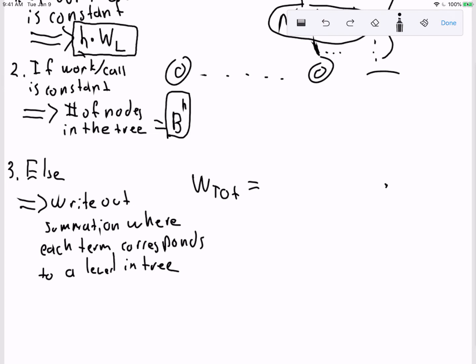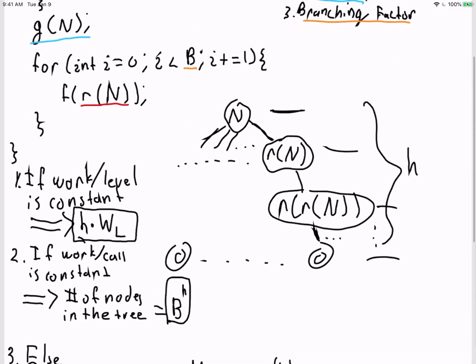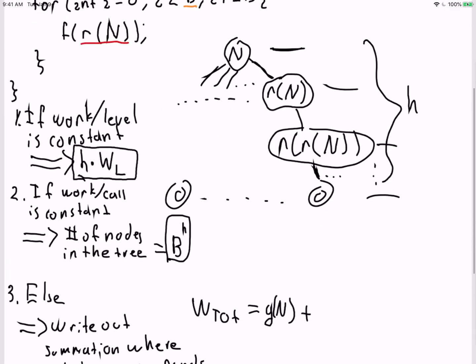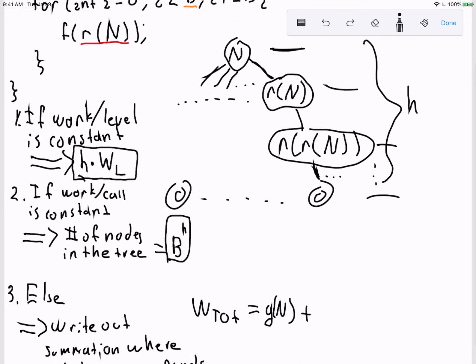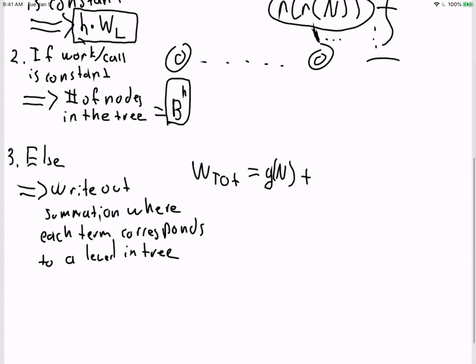It's g of n. Plus, well, the next level has how many different things? It has b different things. Oh, I guess maybe we can write that there. b branches. The next level has b different things.